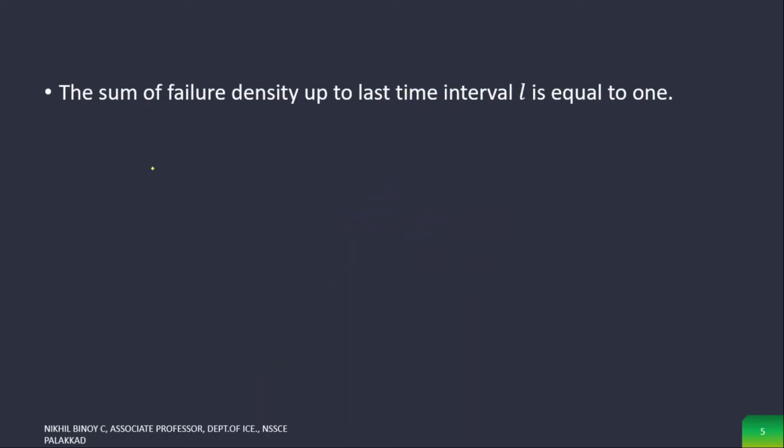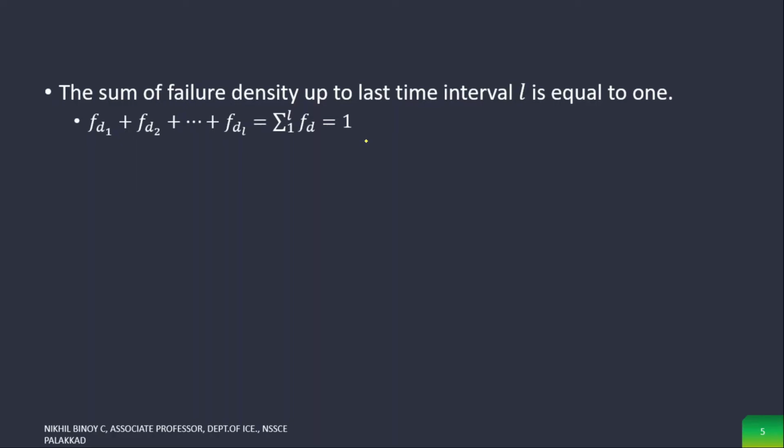One important concept we discussed is that the sum of failure density from the first time interval to the last duration L is equal to 1. That is, sigma 1 to L Fd equal to 1, meaning Fd1 plus Fd2 plus etc. plus FdL is equal to 1. This is the first important concept that we discussed in the last class.